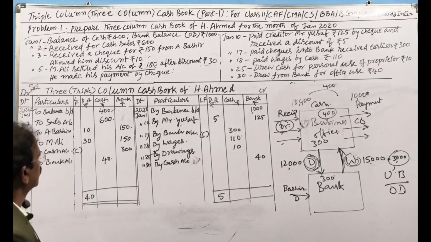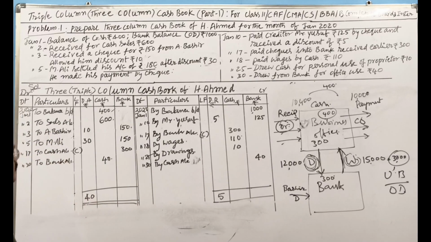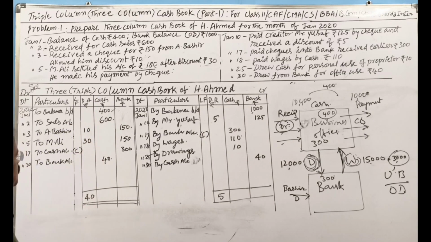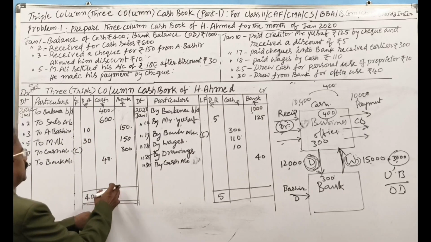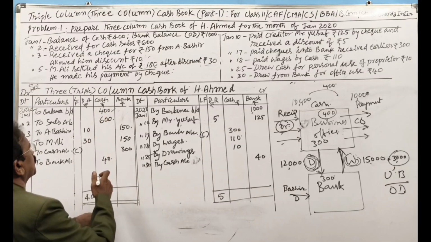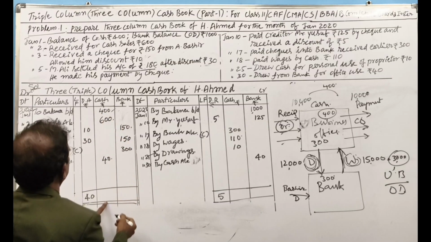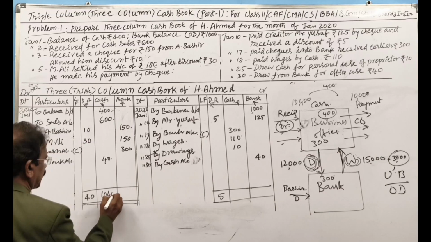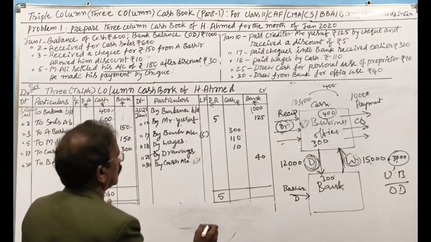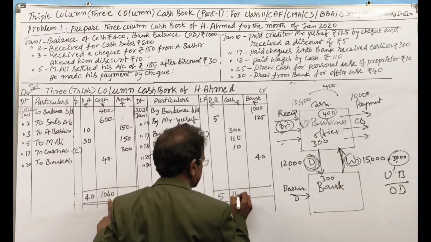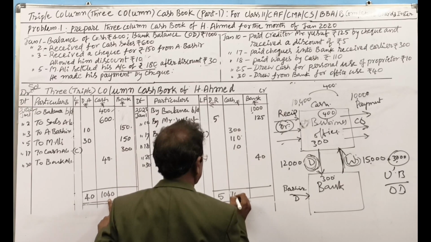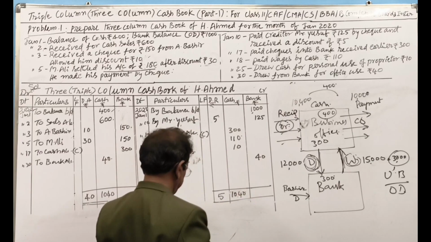You just leave it. Now, the next step is, first you take the debit side total of the cash book. Always in any cash book, the debit side total. What is the total here? 1000 plus 40, 1040. Put this amount on the opposite side. 1040.